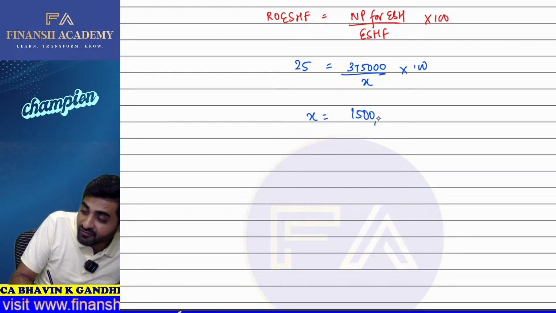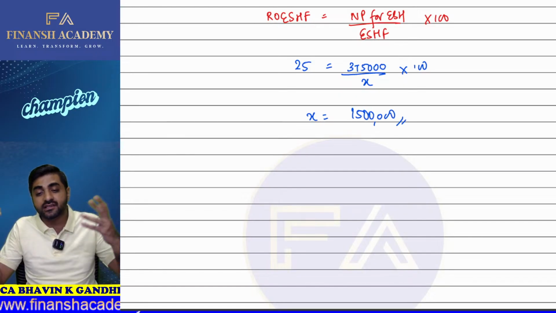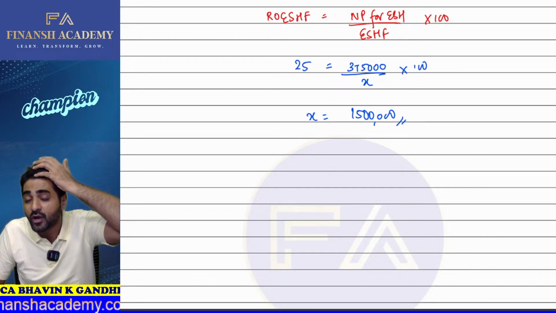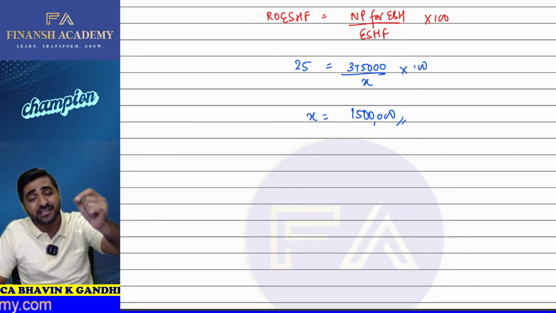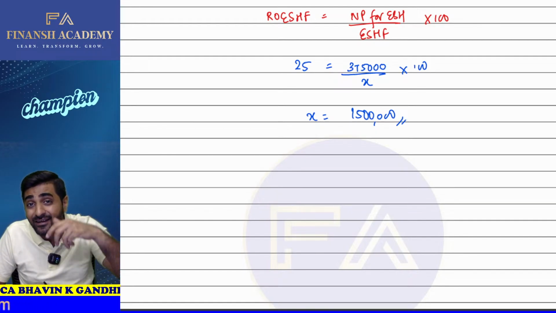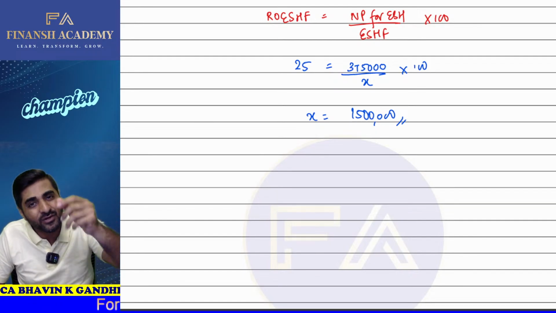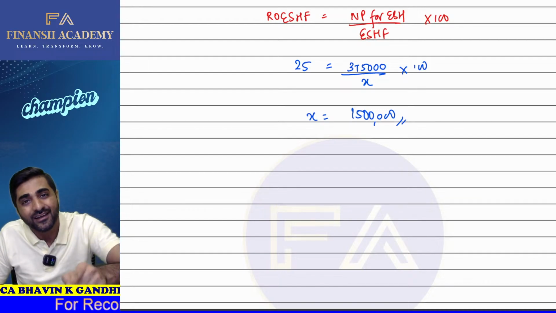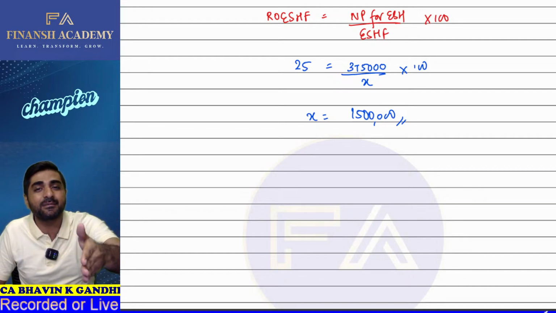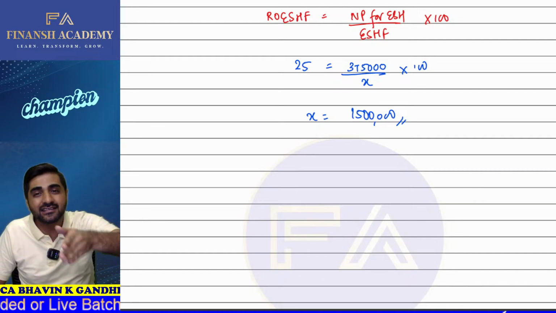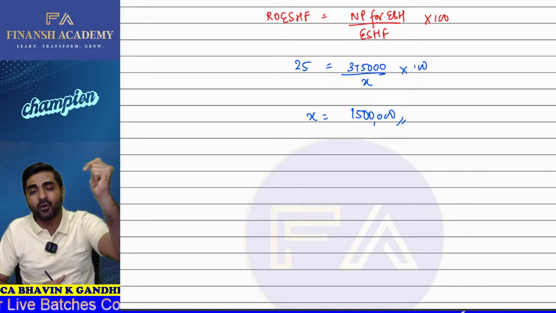So now do I have my equity shareholder funds, which is nothing but 15 lakhs? Come on, yes or no? Yes, sir. So which means that your net worth is available. So are we in a position to now substitute that in your balance sheet liability side? Come on, yes or no? Answer is absolutely yes. So you know what we have to do?